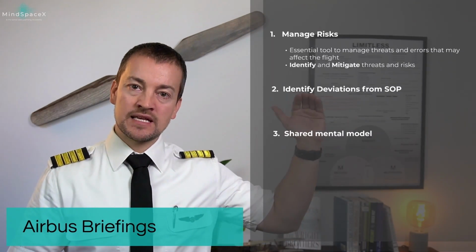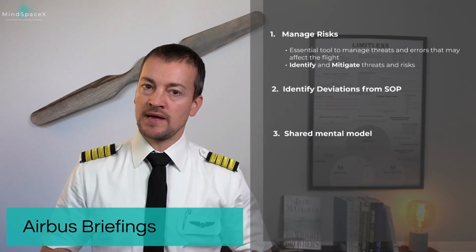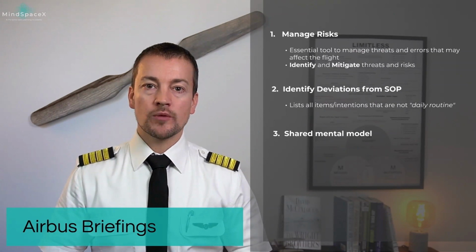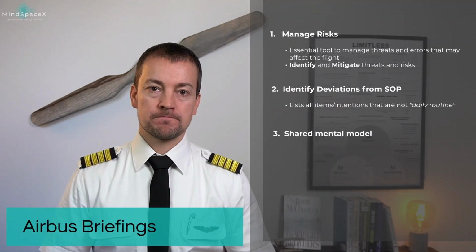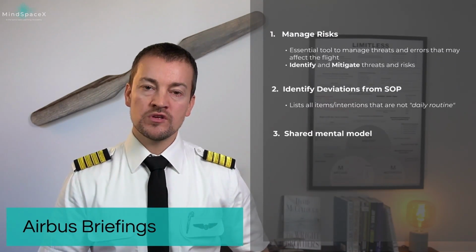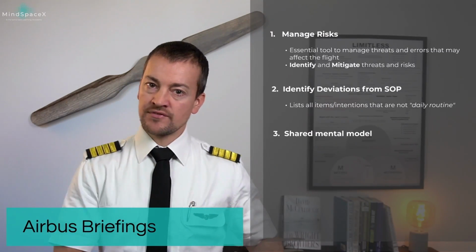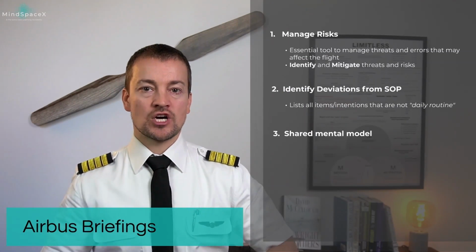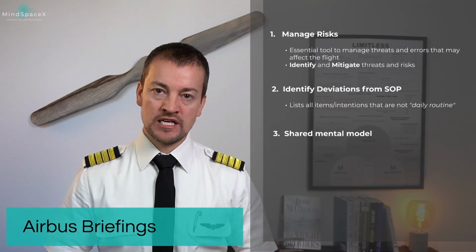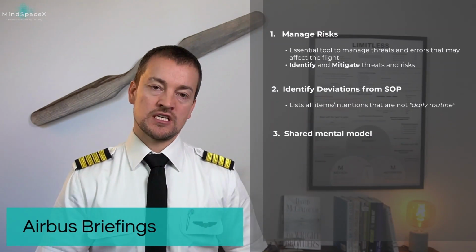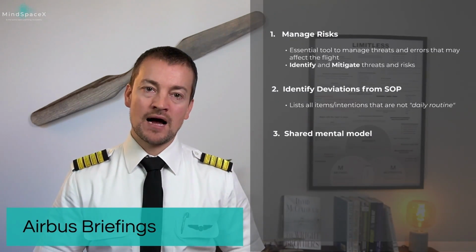In the second element here, identify deviations from SOP, we talk about anything that is not daily routine. We do not, as we have previously, go through the FMGS setup, the chart layout, etc. We talk here only about deviations from daily routine, and we will list them out.